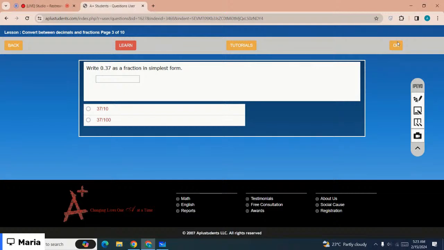The next one is: write 0.37 in simplest form. So which is the correct option?